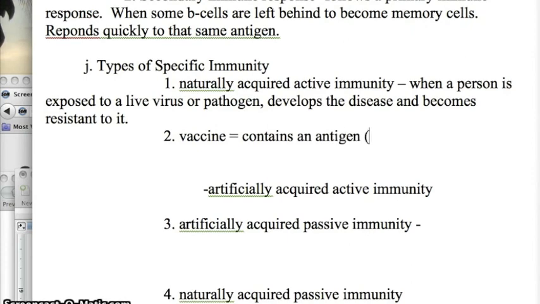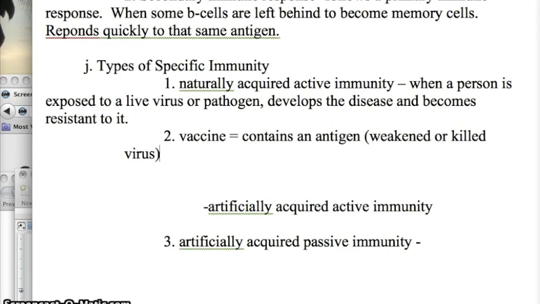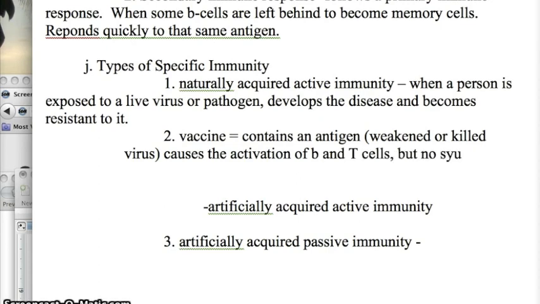So, if we're talking about viruses, it's a weakened or killed virus. And it causes the activation of B cells and T cells, but no symptoms, or sometimes mild symptoms.